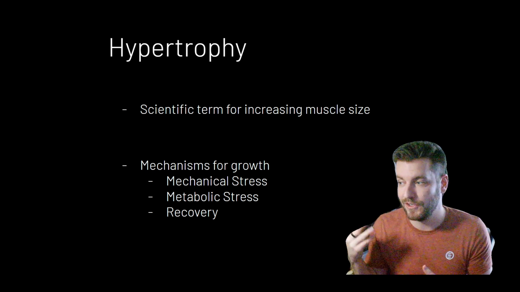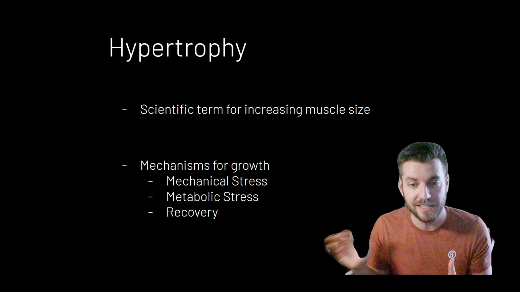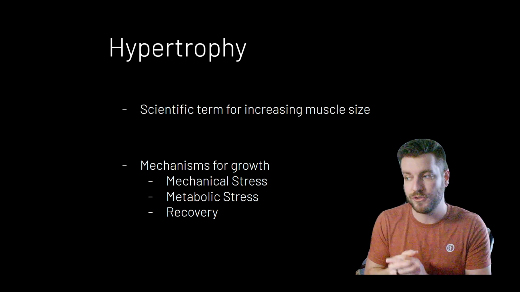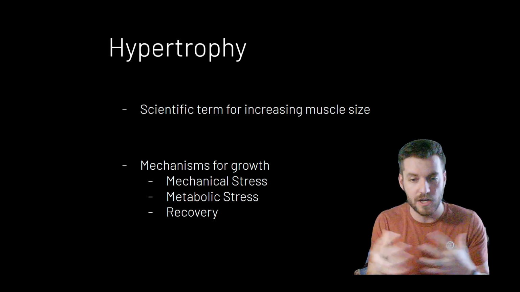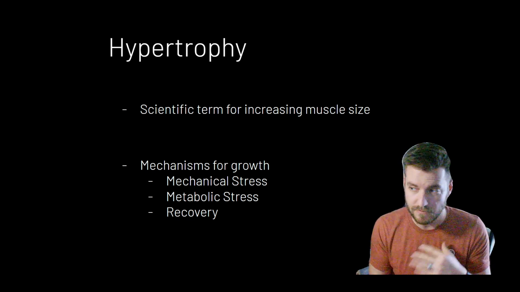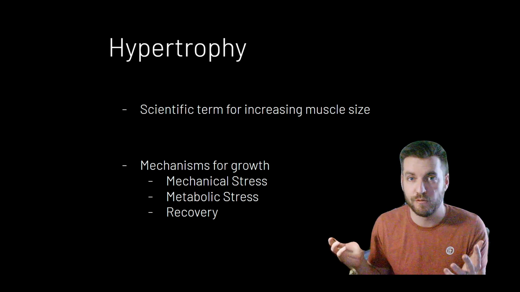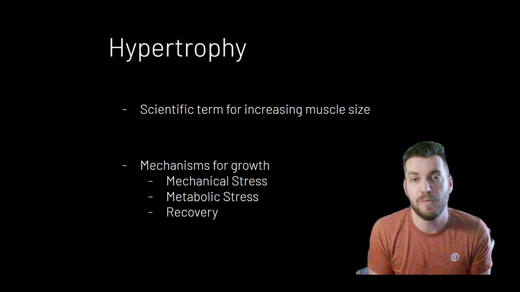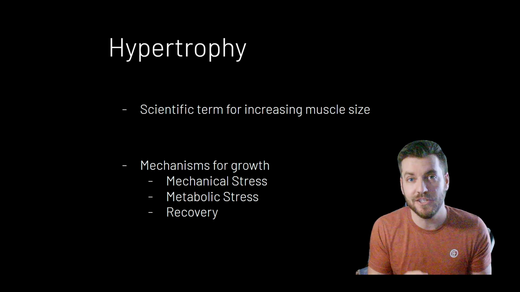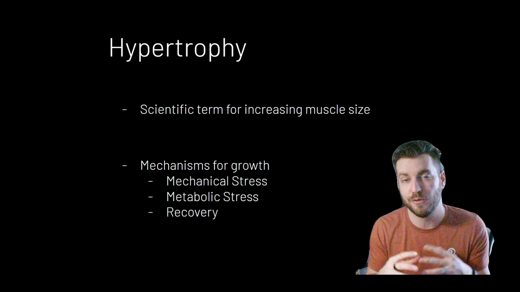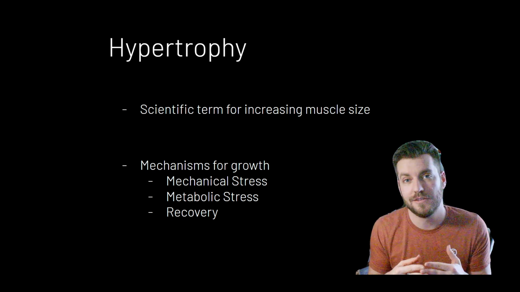Now, one thing I'll explain is you have certain muscle fibers. Let's say you have 100 fibers in your bicep. You typically will not add to that muscle fiber count. That would be hyperplasia, increasing the amount of muscle fibers, which does not happen.